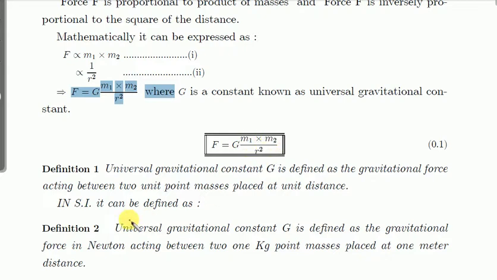Definition: universal gravitational constant G is defined as the gravitational force acting between two unit masses placed at unit distance. I mean, say m1 is 1, m2 is 1, r is 1, then F is equal to G. So this is what I have written as unit distance.